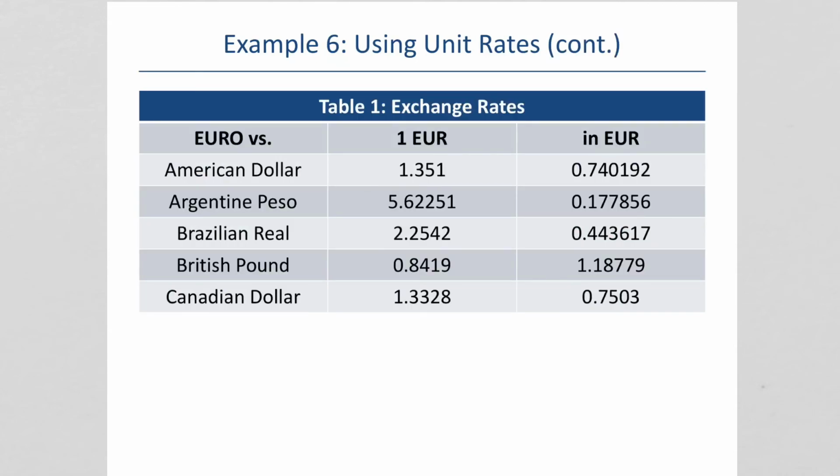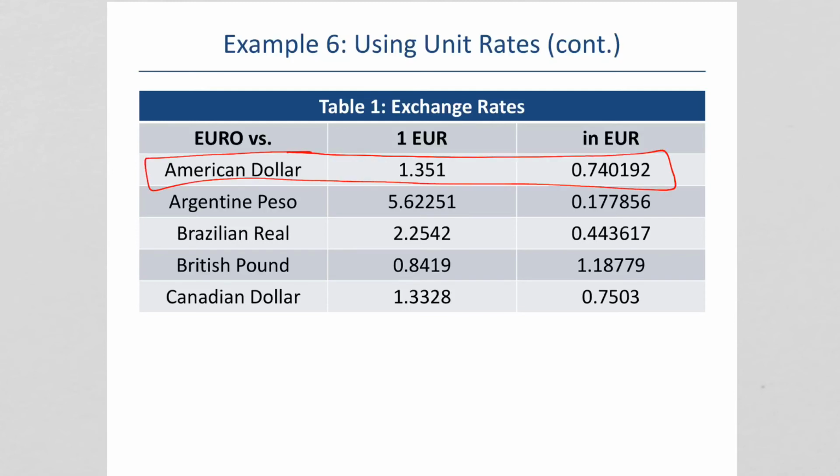So here, we've got American dollars, pesos, Brazilian, British and Canadian. Well, we're just looking at the euro versus American here. So this row.